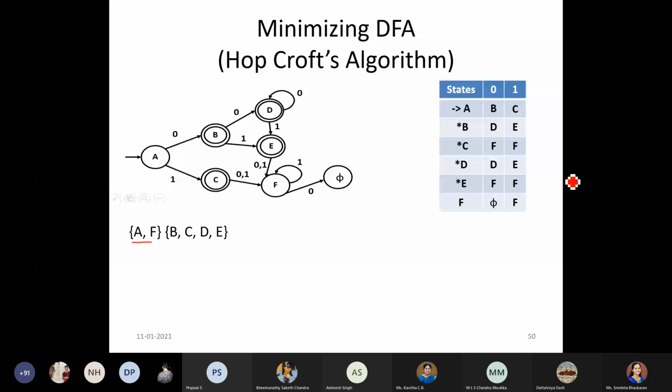B and a trap, so B is in one group. C and F, in the above iteration, C is in one group, F is in another group. So that means A and F will not go together. It has to be split. So we split it, A in one group, F in another group. We don't have any more states, so we can stop with that. Okay. So I just wrote the output for each iteration. In some cases I have combined and written, I'll let you know.